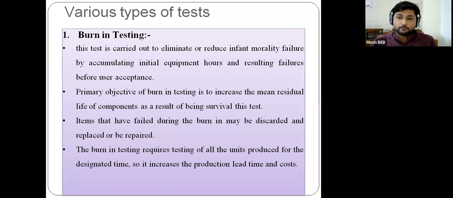Okay, so here we need to understand what burn-in test means. We have to perform some kind of testing in the initial life of that particular product, the initial equipment life hours, and these tests are performance oriented. If the product withstands and gives suitable performance, then we can consider that it has passed the test, and it will be served to the customer.